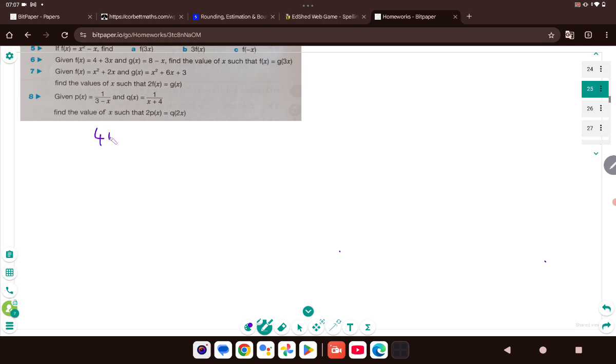So f of x equals g of 3x. Let's work out g of 3x first by replacing my x with 3x. So then I can put them equal. And then we just need to simply solve.